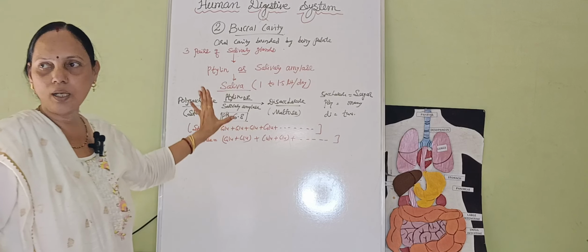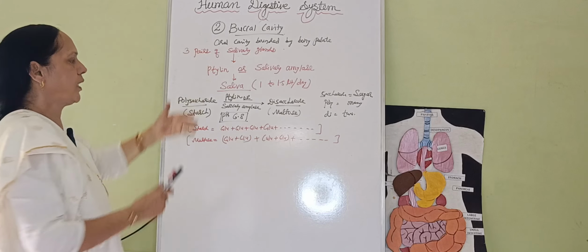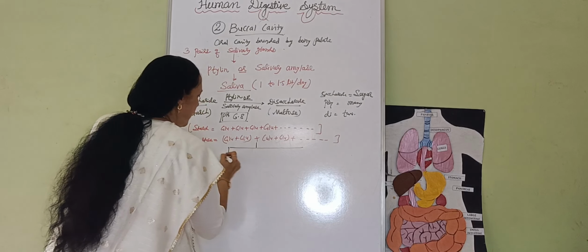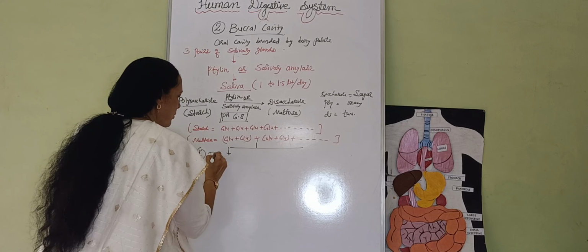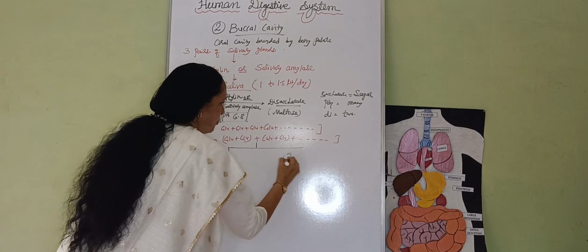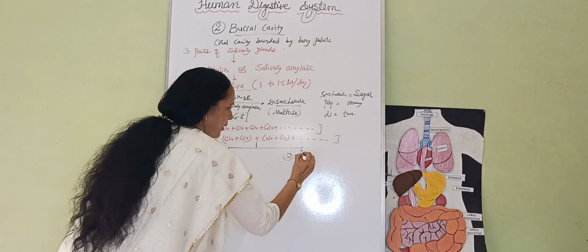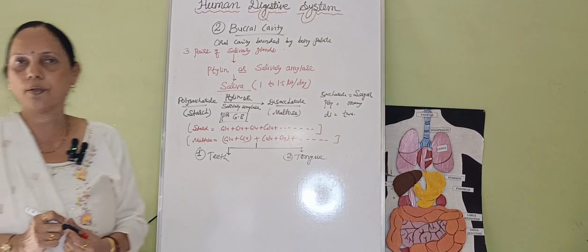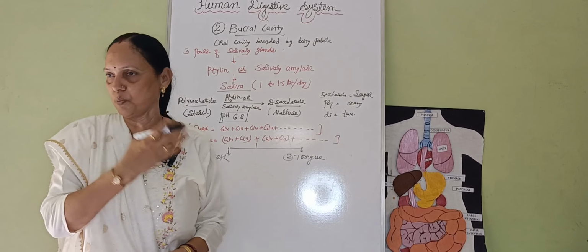So this is all about the buccal cavity. Now the buccal cavity is divided into two parts. The first part is called teeth, and the second part is called the tongue. You know that the teeth and the tongue both play a very important role at the time of chewing food.